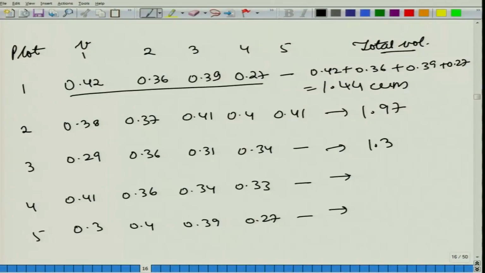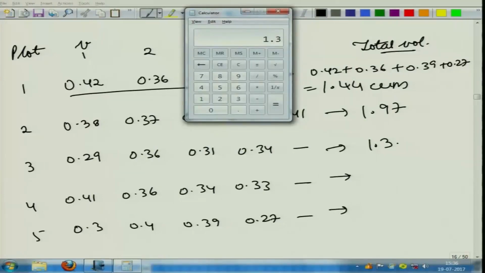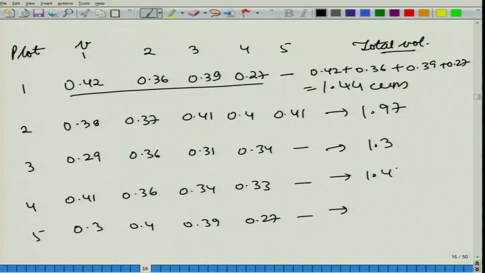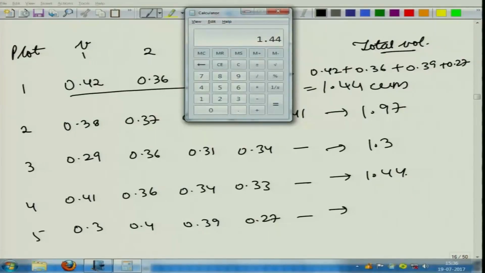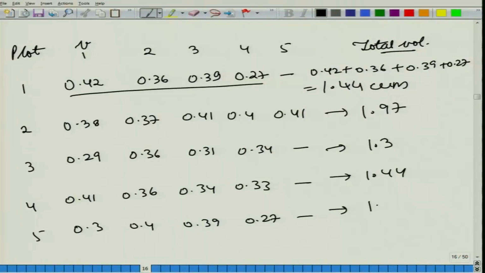Here we have 0.41, 0.36, 0.34 and 0.33, which is again 1.44, and for the last one we have 0.3 plus 0.4 plus 0.39 plus 0.27, which is 1.36. So, now we have 5 sample plots and the volume of each sample plot has been calculated by adding up the volumes of each of the trees.